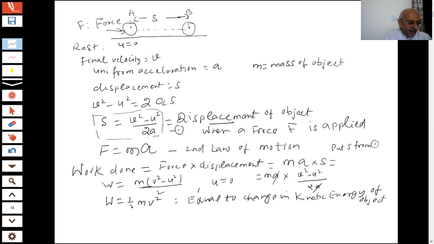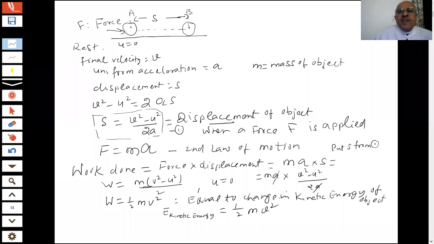So this is nothing but kinetic energy, students. This is the formula of kinetic energy, half mv square. So we have derived the formula of kinetic energy. Therefore, the kinetic energy of any moving object is equal to half mv square.